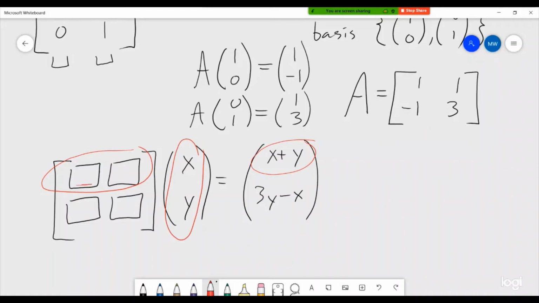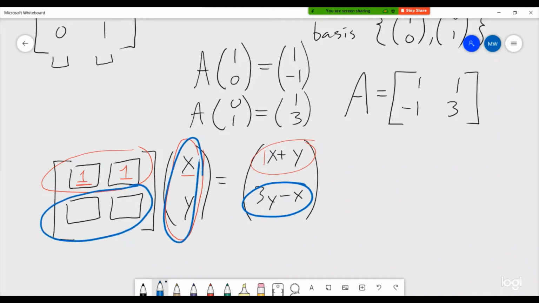So it's whatever this is times x, so there's one of those, plus whatever the second box is times y, so that's also one of those. And then, how do we get the 3y - x? That is this second row times that column. So that's where we get a -1 of the x's and a +3 of the y's. That's a second way that we can figure out the matrix of that transformation.